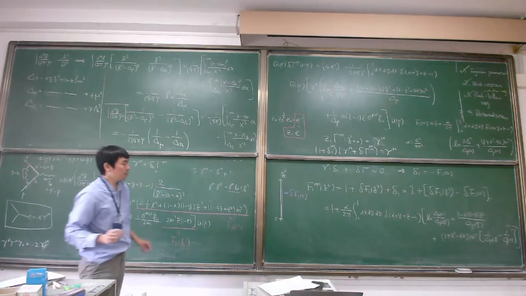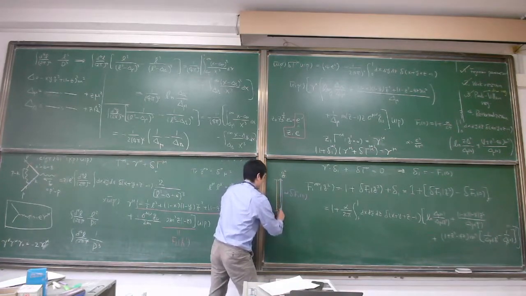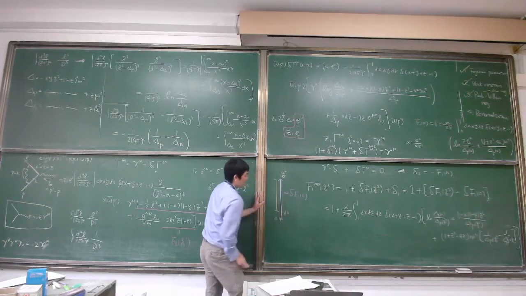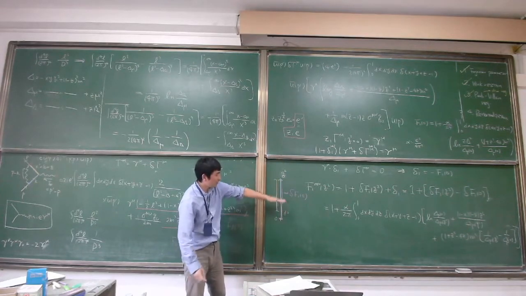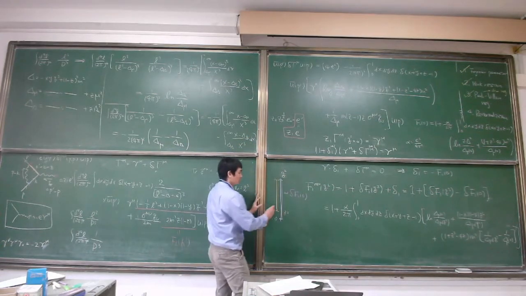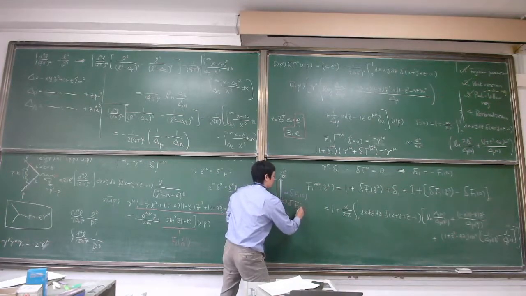On the other hand, if you have a Q squared, so here, let's go to Q squared. If you integrate everything over here, from high momentum up to Q squared, you will get delta F1(Q squared).